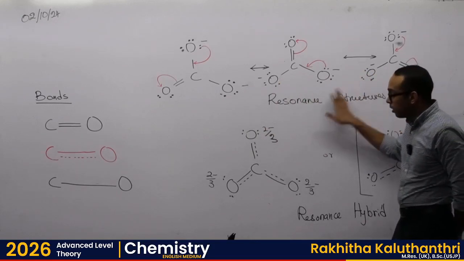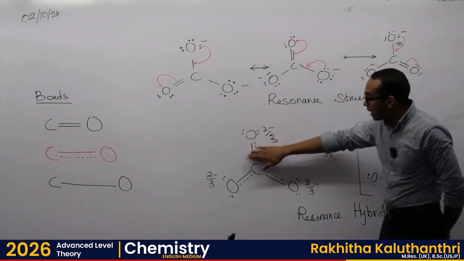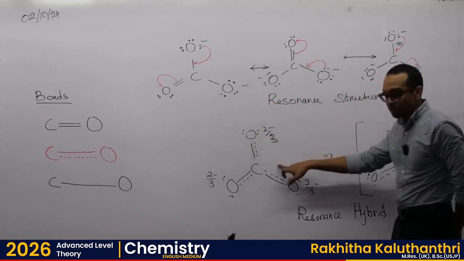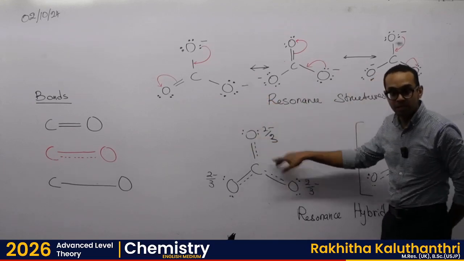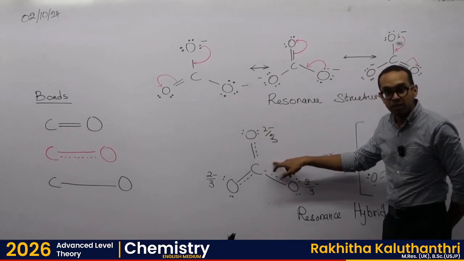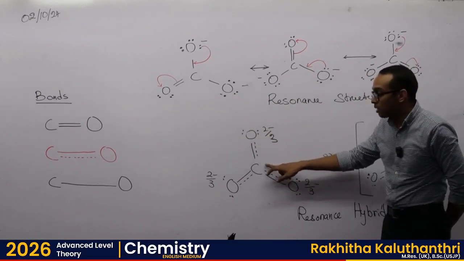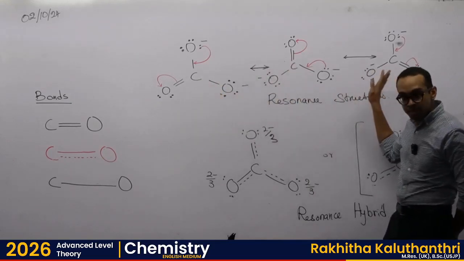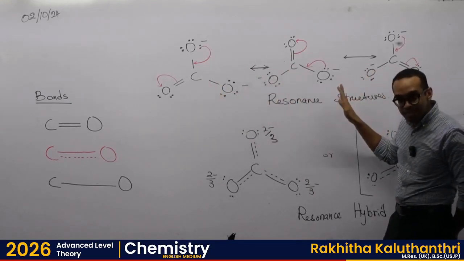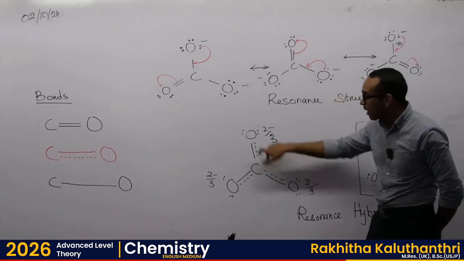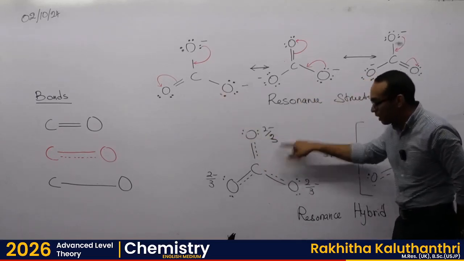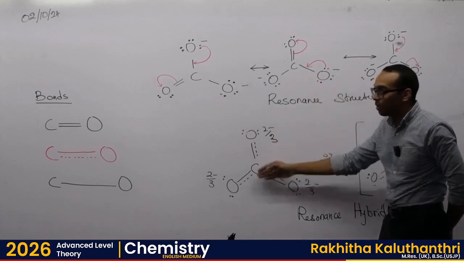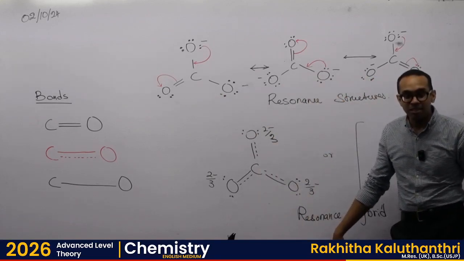So therefore, they all had an equal contribution to this resonance hybrid. They all contributed equally. Now you can't say this particular resonance structure looks mainly like this one and not like the rest. Can we say that? We can't say that, no? Because this looks like this as well as this as well as this. And there was an equal contribution to this resonance hybrid.